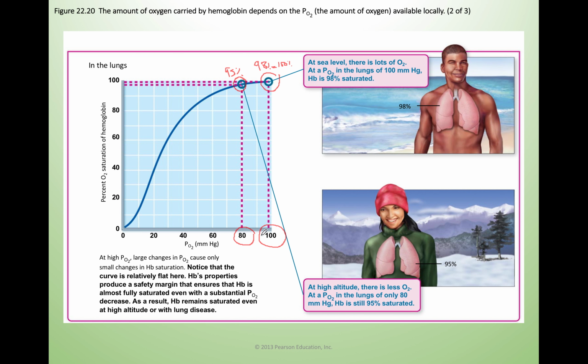But even if you drop the oxygen pressure in your lung to about 80, it says it doesn't matter, I'm still going to hold on tightly to my oxygen because that's my goal. I want to pick up oxygen in my lungs. So even if the pressure of oxygen is low, I'm still going to suck that oxygen in and hold on tightly to it. So in another sense, these two points show a very high affinity for oxygen.